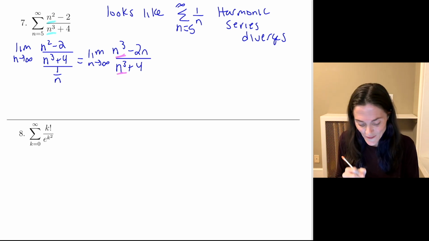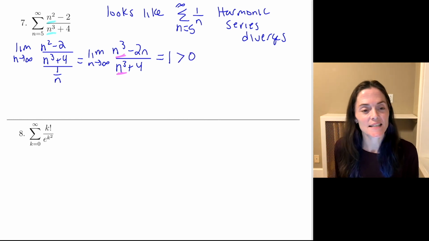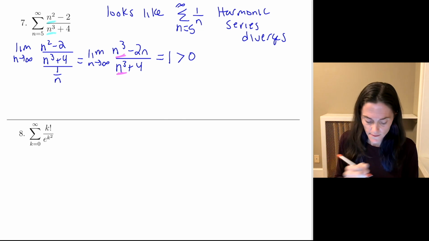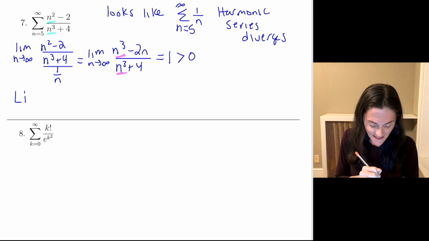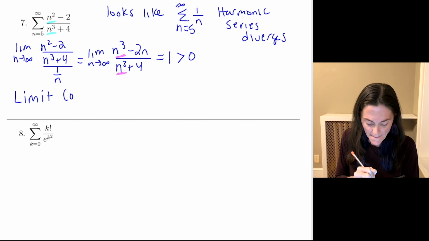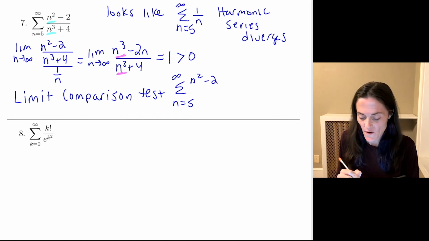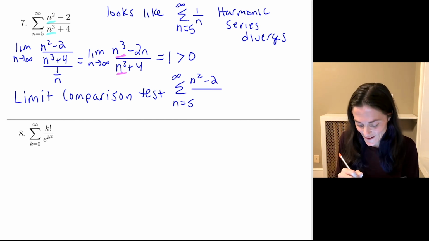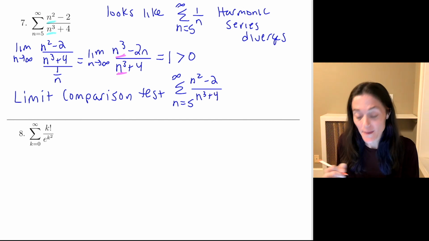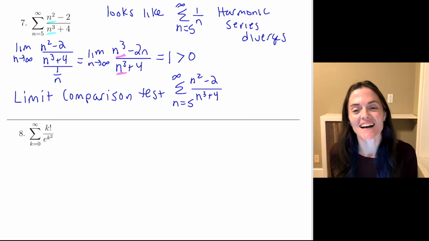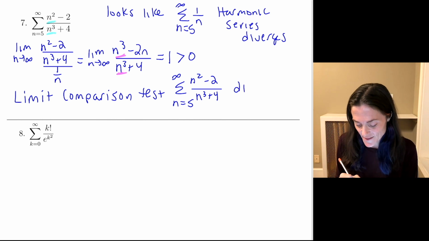We have n cubed, we have n cubed. This limit is 1, which is positive and finite. And so we quote the test. This one is the limit comparison test. And it says that my series, n equals 5 to infinity of n squared minus 2 over n cubed plus 4, has the same behavior as the series I have justified, which diverges.